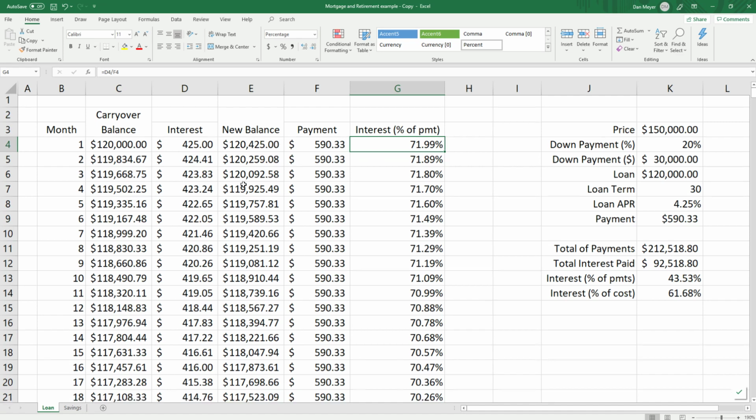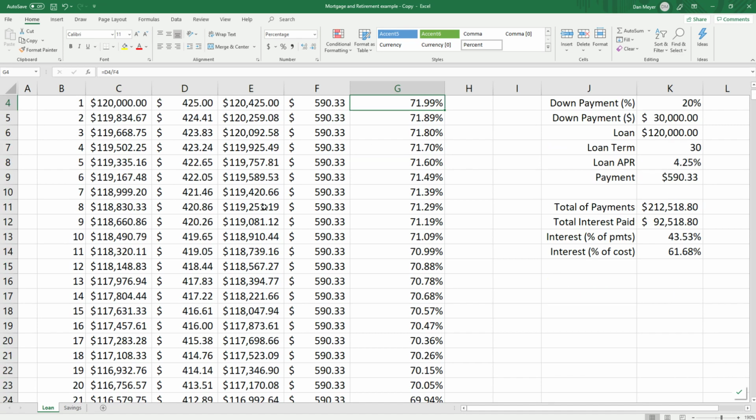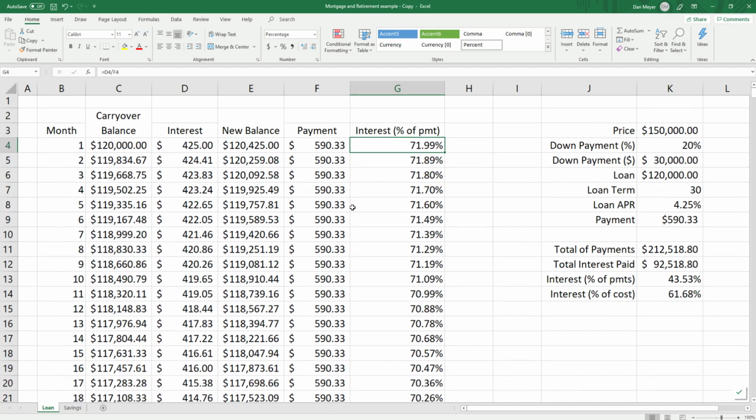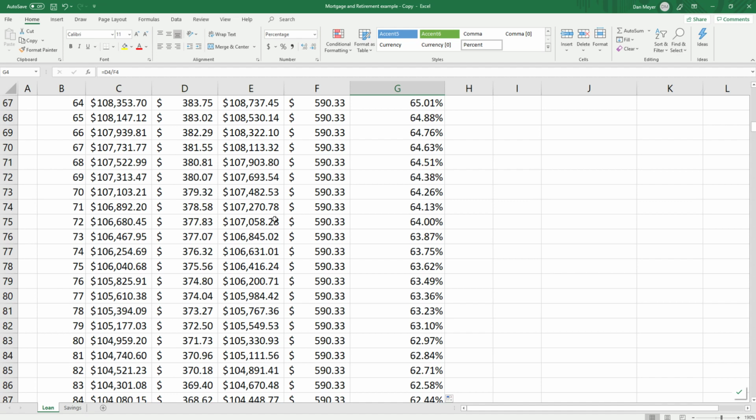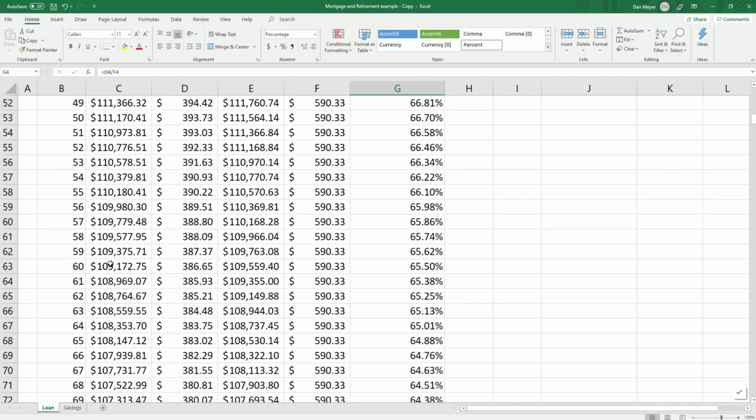And so if you're looking at, let's say you got a 30-year loan and you're able to make payments for 5 years, that gets us to month 60. On this $120,000 loan, after paying for 5 years, making 60 payments, we've only paid off $11,000 of that loan.